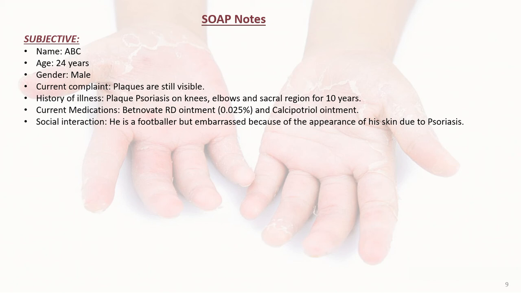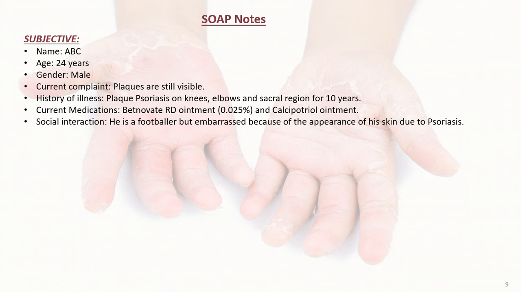The current medications he was using were Betnovate RD ointment 0.025%, which is a corticosteroid and a first line treatment recommended to him to reduce the inflammation and the redness of his skin and to smooth his plaques.